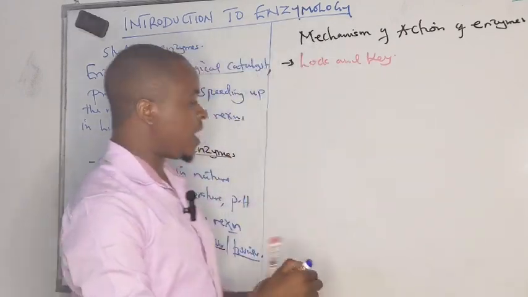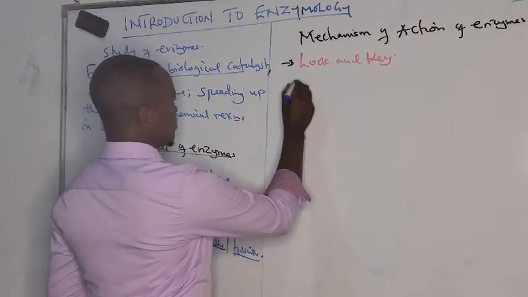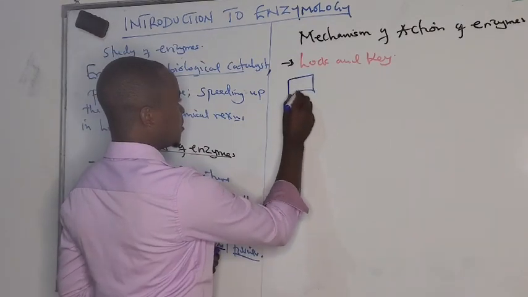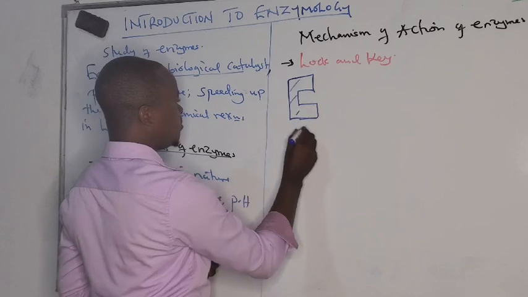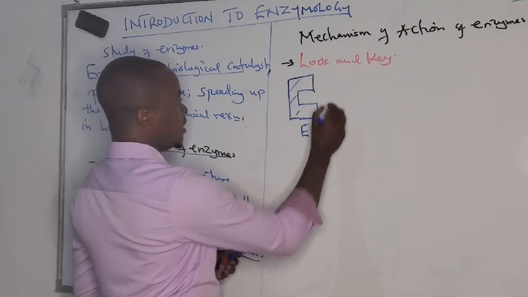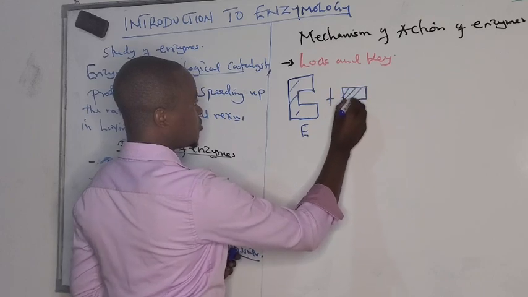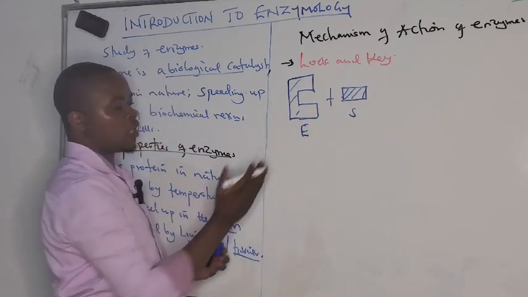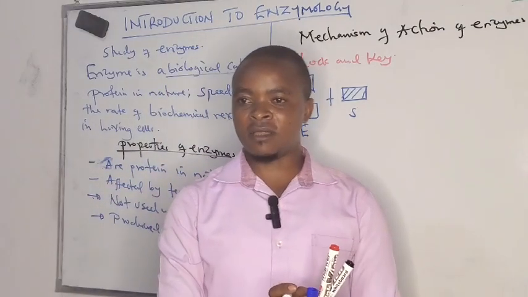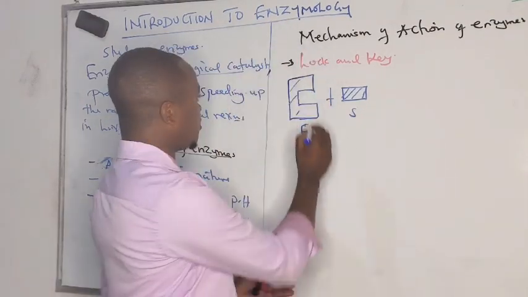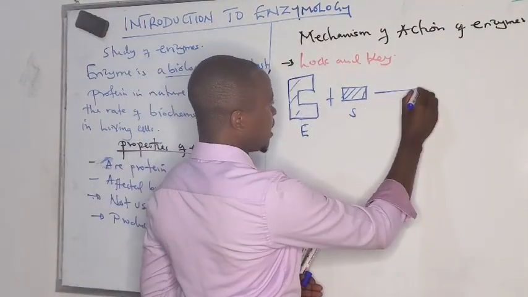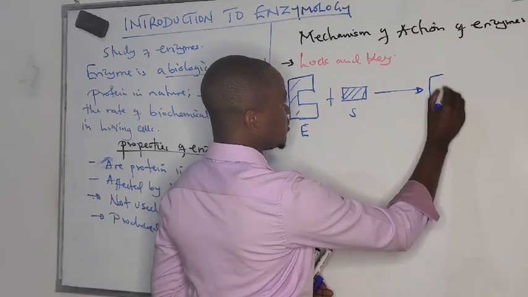If the enzyme is acting as a lock, then the substrate should be complementary, or it should fit in the active site of the enzyme, and then bind to the active site.